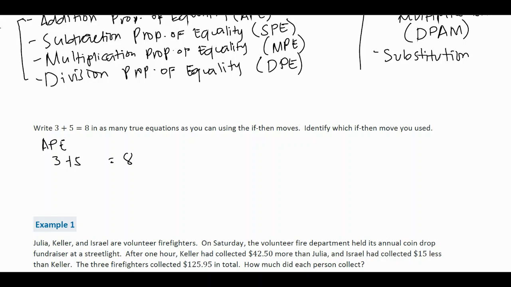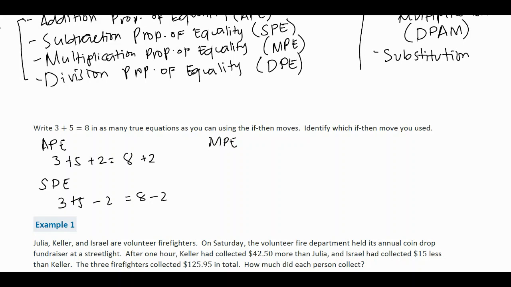If we're going to add, let's say, 2 on this side, we need to add also 2 on the other side so that they can be equal. Same goes with SPE. If we subtract 2 on the first side, we also subtract 2 on the other side.